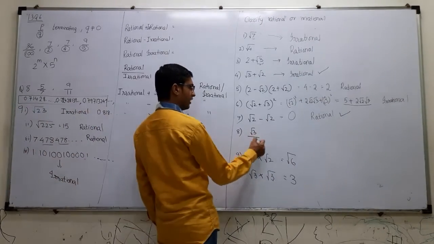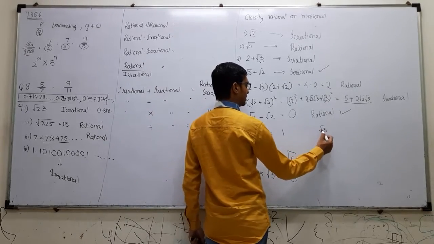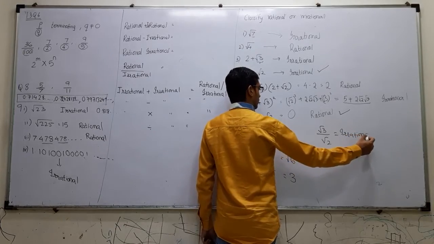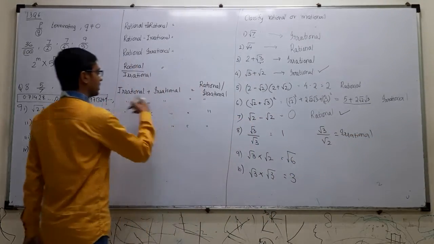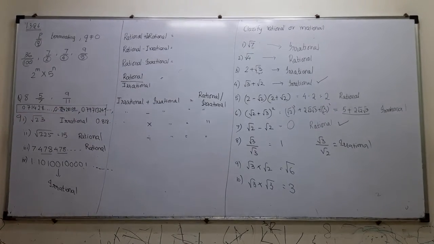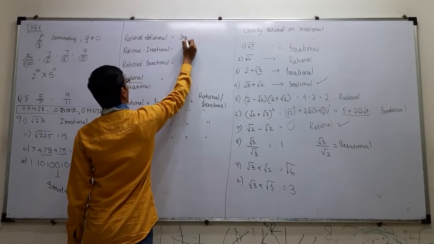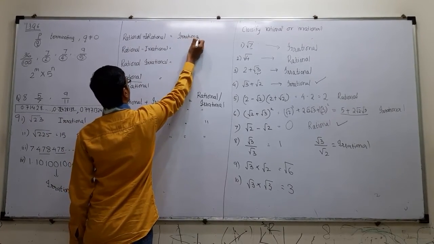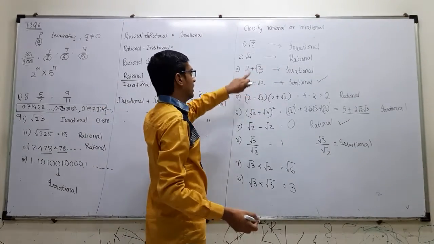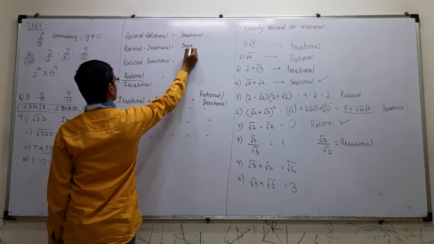Division. If I divide by the same number, I get the answer as 1. If I divide by different numbers, that is root 3 upon root 2, I get irrational. So in the case of two irrationals, the result can be rational or the result can be irrational. Are you getting it? Now, rational plus irrational, always it will be irrational. Rational minus irrational, also irrational.